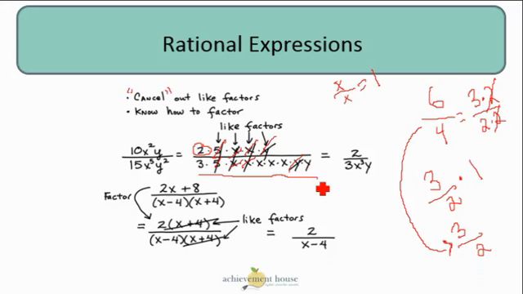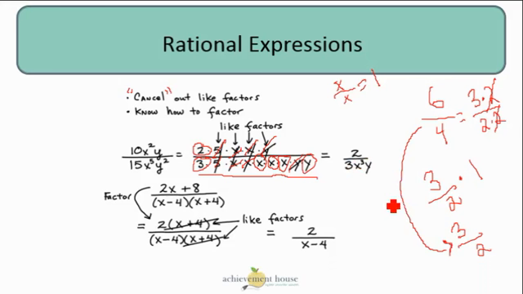That's why we can reduce fractions that way. Now I need to find what's left in the denominator: 3, and then x, and then a y. X times x times x is x cubed, so 3x cubed times y is my denominator.